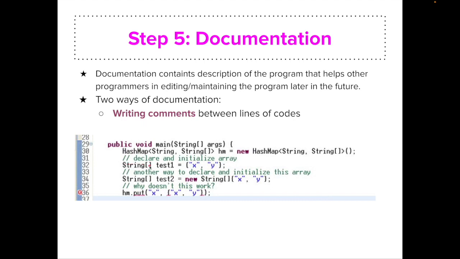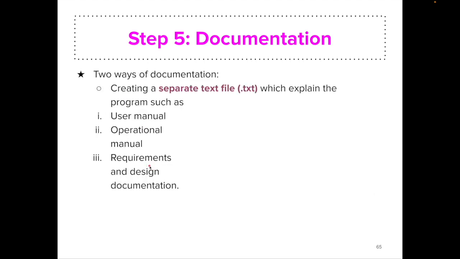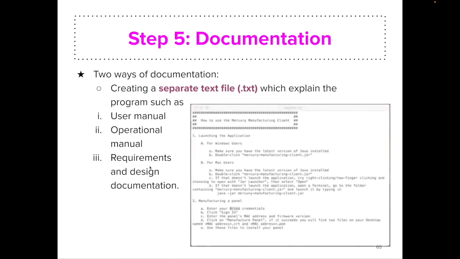The second way is we create a separate text file which explains the program, such as what we call a user manual, operational manual, or requirements and design documentation. So, what is a text file? Basically, this is an example. It uses the extension .txt.